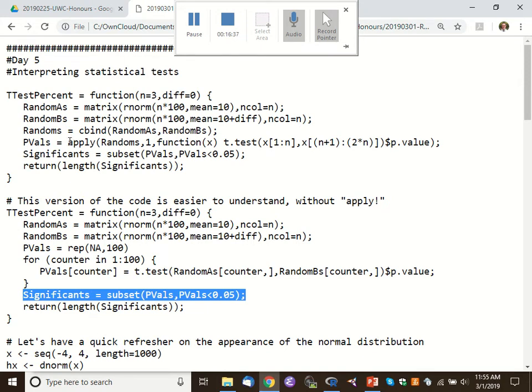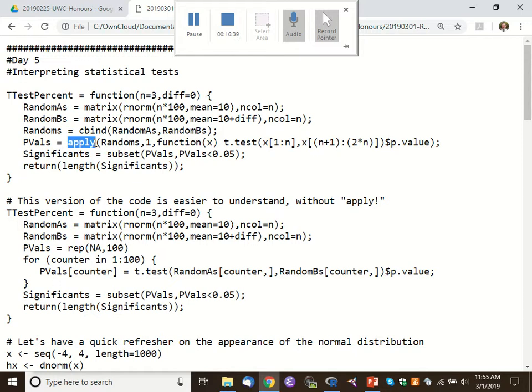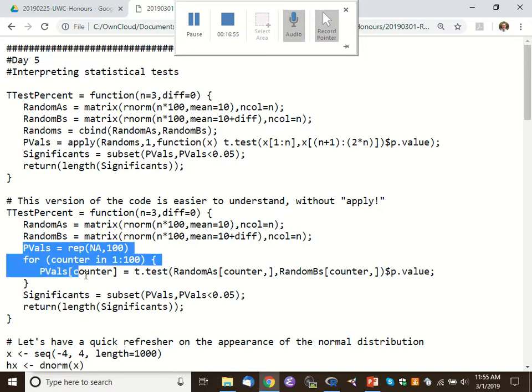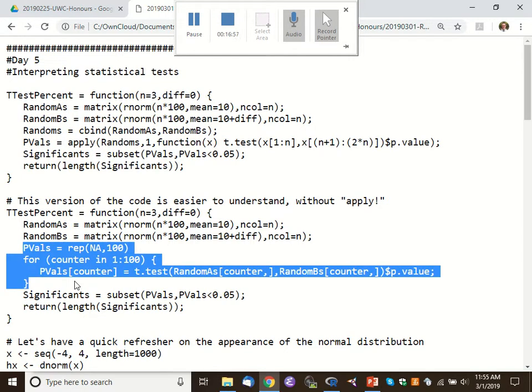But this business with apply is the only thing I'm trying to do really differently in coding today. So the apply can be written this way, and if you're a great programmer, perhaps that's a more efficient way for you to remember how to do things. But personally, I find that using this structure makes it a whole lot easier to understand what that function is doing rather than using apply. All right.